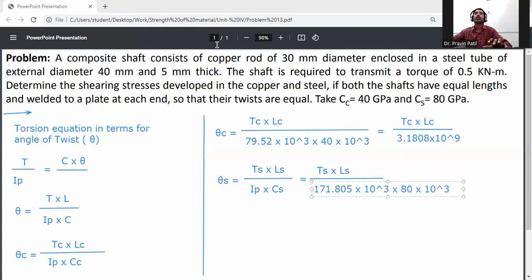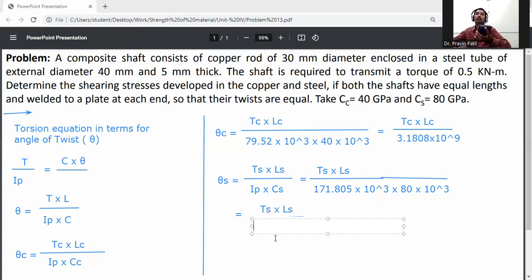So the final value, theta S is equal to TS into LS divided by 171.805 into 10 raised to the power 3 into 80 into 10 raised to the power 3.